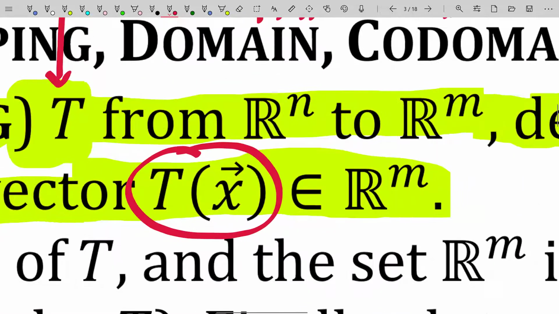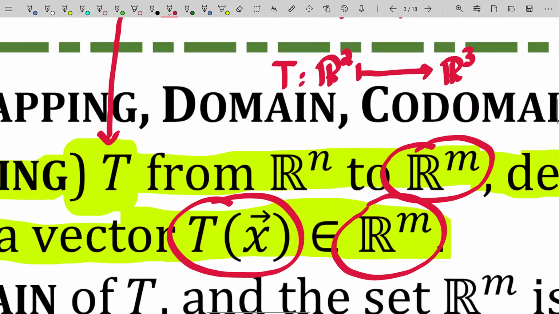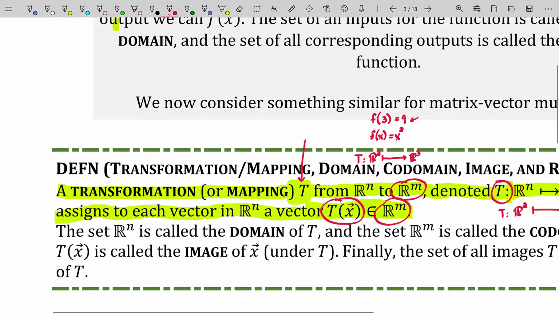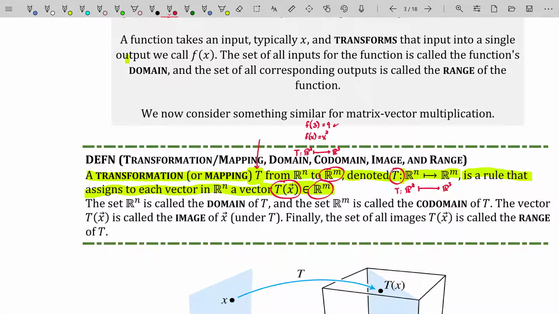And notice the output space here, Rm, is actually what we're mapping to in our transformation. So far, if you read this, you might think, well, that is no different from a function. And conceptually, it really is not. It's not that different, except that you use transformations for very advanced topics in mathematics, and it just works a lot better that way.